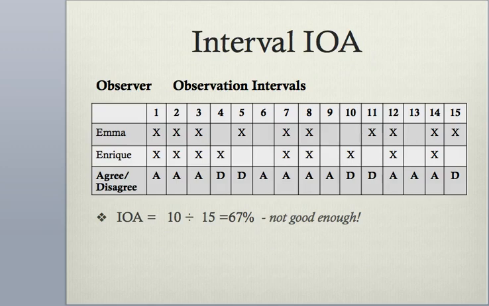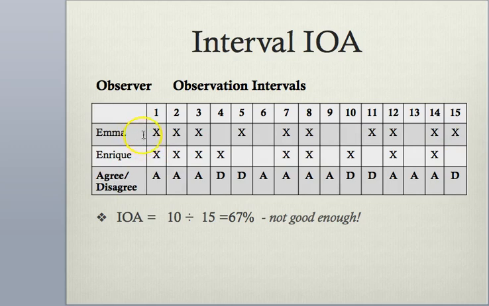I'm going to use my cursor to point a few things out as we go. All right, so we have two observers here. Here are observers in this column. We have Emma and we have Enrique, and they're both watching the exact same events as they unfold. An X means it occurred, leaving the interval blank means it did not occur, and they both gather data across 15 intervals.